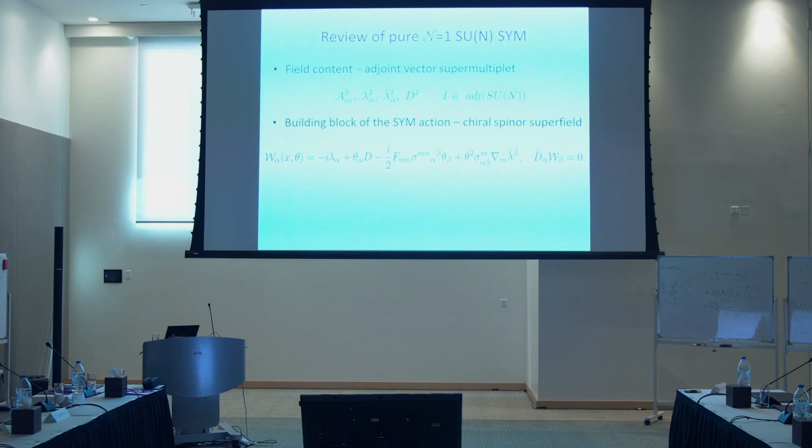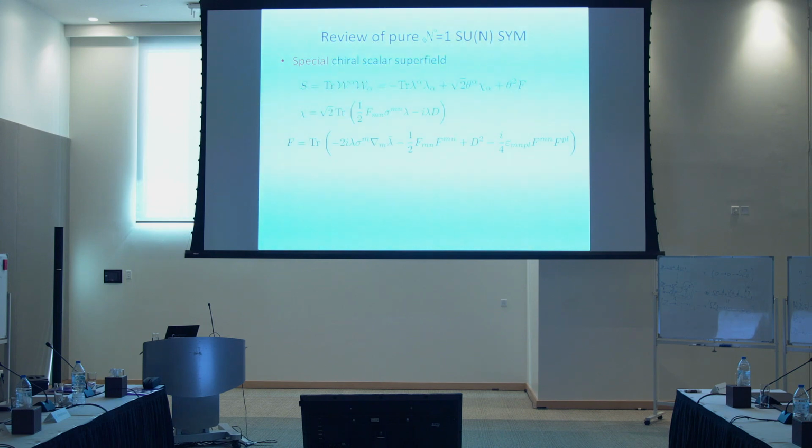And then the building block of the super-Yang-Mills Lagrangian is also very well known to be a spinorial chiral superfield of this form, which contains the gaugino field, the auxiliary field, and the field strength of the vector gauge field. In the superfield formulation, the Lagrangian looks like an integral over the chiral superspace of the trace of W^alpha squared, which is, of course, very well known.